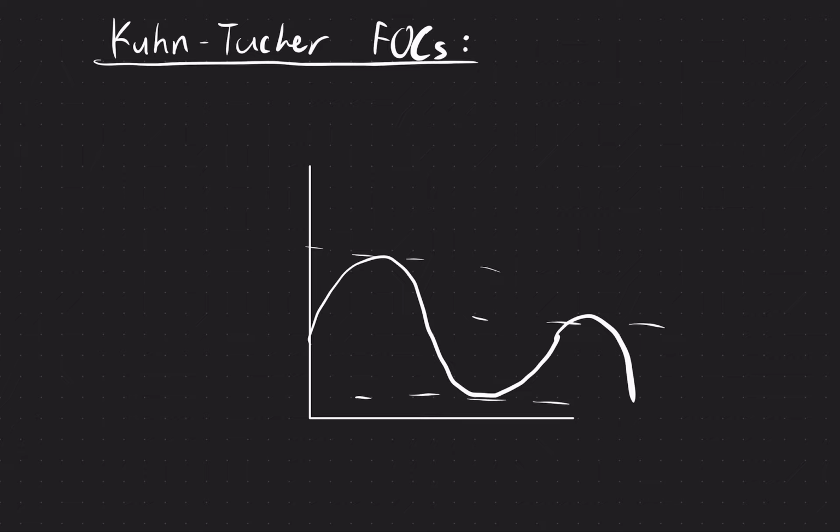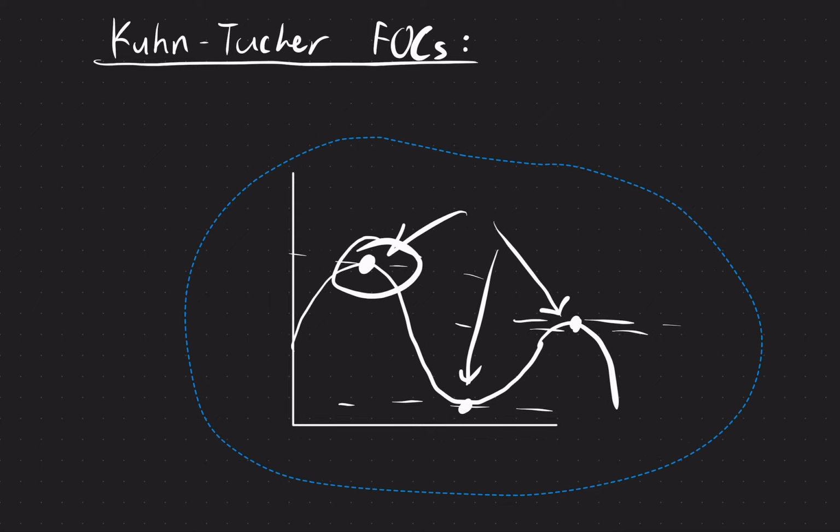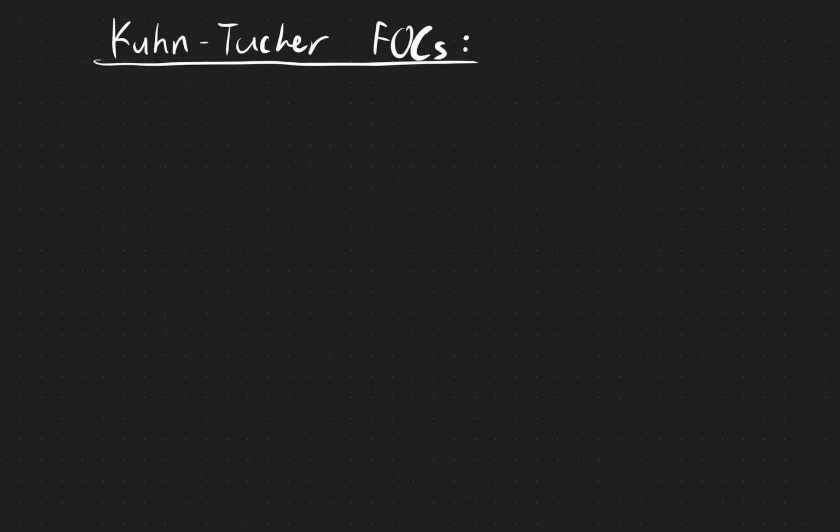These are the points where the derivative is going to be 0, but obviously only one of them is actually the maximum. These are what we call candidates for the maximum, but then we check and see that only one actually is a maximum. So that's the idea of it being a necessary condition, something that needs to be true to be at a maximum, but that by itself isn't enough to guarantee it's a maximum. Unless you're concave, which is another thing we've talked about.